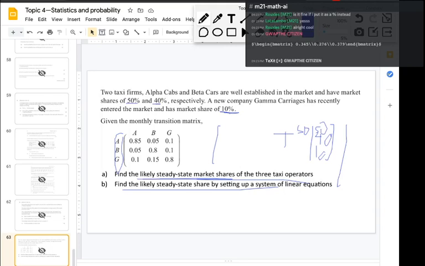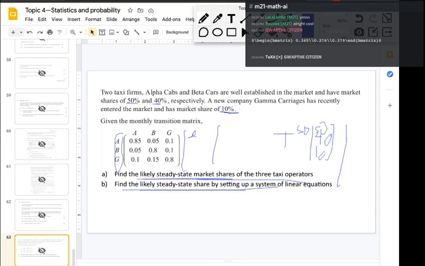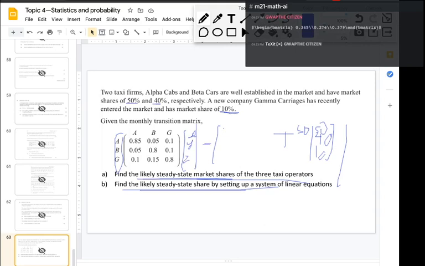And next, find the likely steady state share by setting up a system of equations. Like the one I explained yesterday, basically you try to find the long term of it, and it will turn into the same value throughout. If you multiply it by a certain number, it will result in the same number. That's what you're trying to look for. So xyz equals xyz.